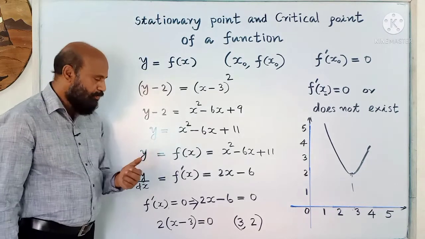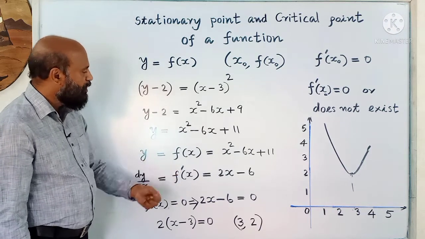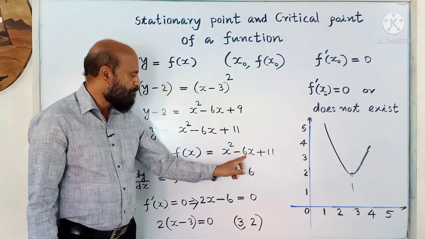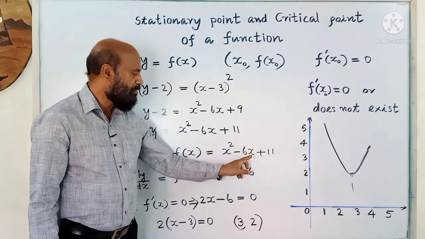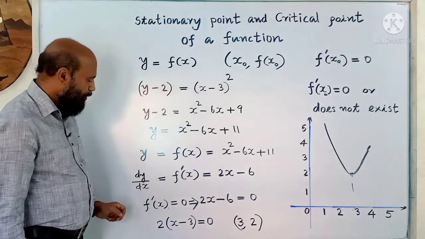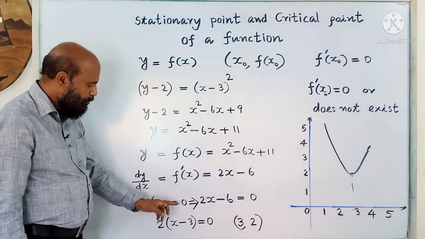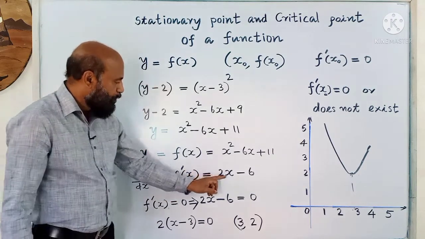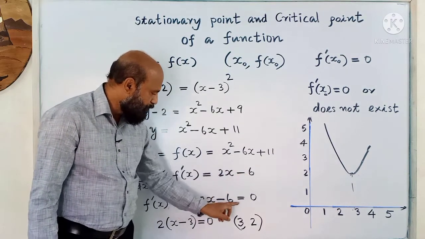Now let us get the first derivative f dash x. The derivative of x square is 2x, minus 6 times the derivative of x, which is 1. For getting the stationary points, equate the first derivative to 0: 2x minus 6 is 0.